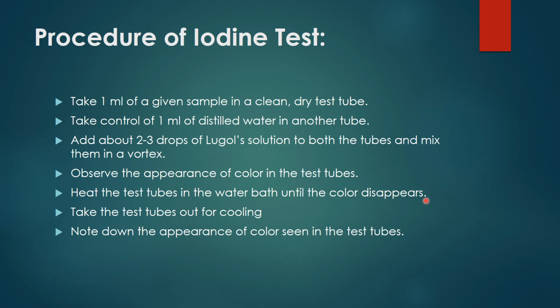So in heating you will observe the color will disappear after its appearance before heating, and then we will cool them again. Take the test tubes out for cooling. Note down the appearance of color.